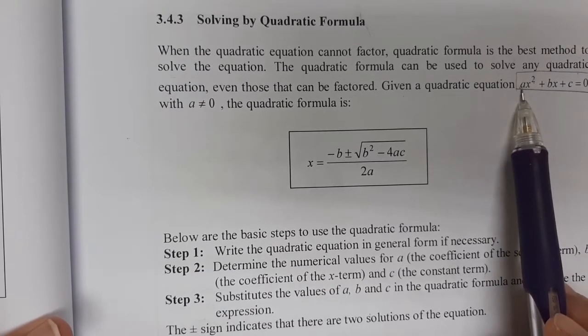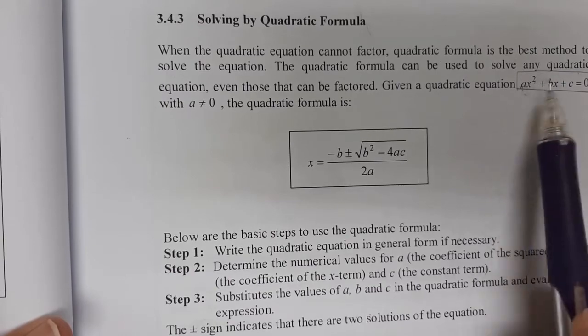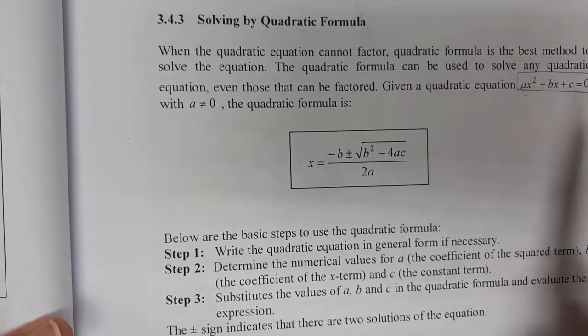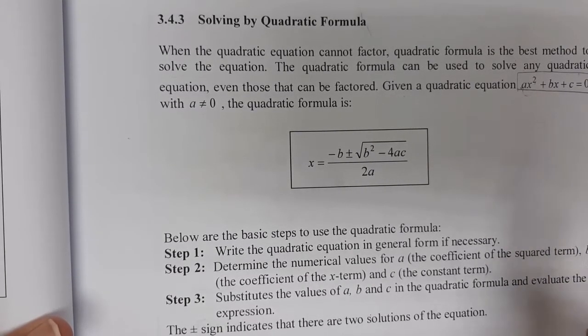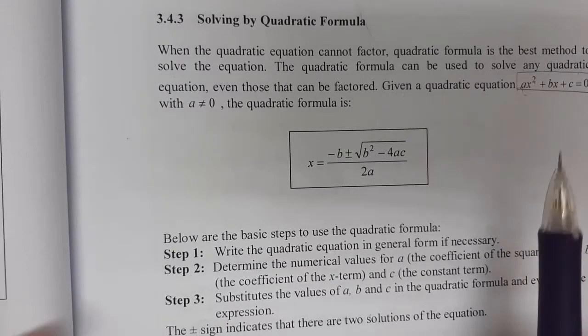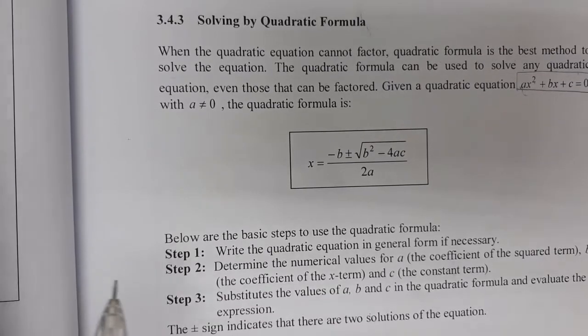A merupakan perkali kepada X square. Kalau A kosong, X square tak wujud. Bila tak ada X kuasa 2, equation ni kita tak boleh panggil sebagai quadratic equation. Okay, satu syarat untuk quadratic equation kena ada X kuasa 2. Sebab tu kita panggil dia tadi sebagai second degree polynomial equation.